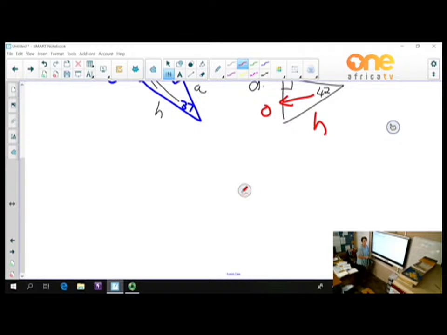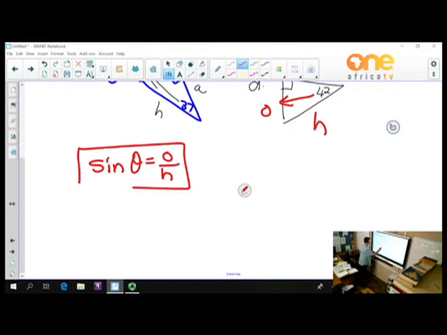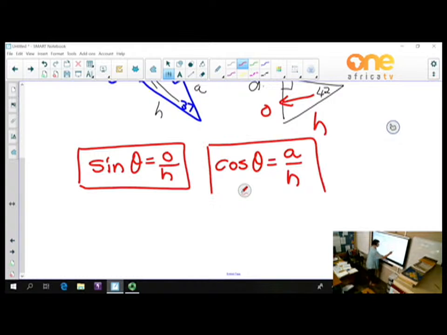So the following is now very important. So we have sine theta, which is opposite over hypotenuse. And you need to learn this and know this. Cosine theta is adjacent over hypotenuse. There's the second one.